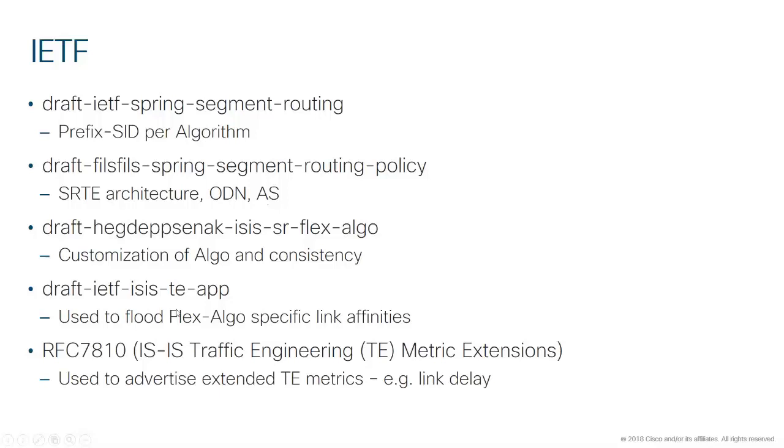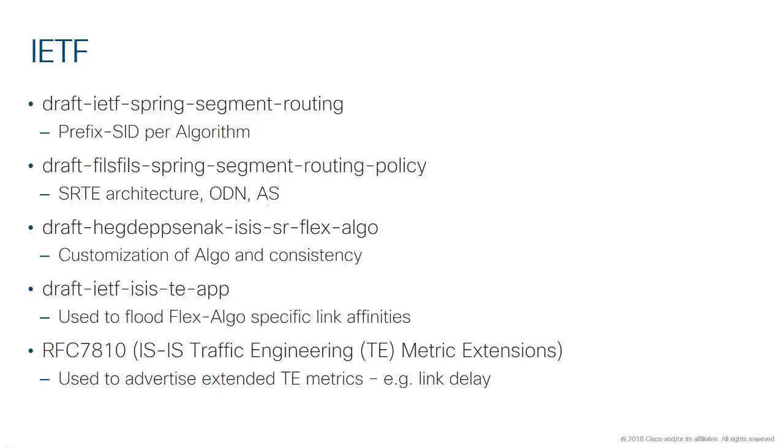We could reuse the link affinities of the existing MPLS-TE TLVs in ISIS, but in order to support any type of deployment, also with some corner cases where there would be an existing usage of the MPLS-TE affinities for RSVP-TE deployments, as a generic solution, the working group has decided to also add link affinity per specific application.